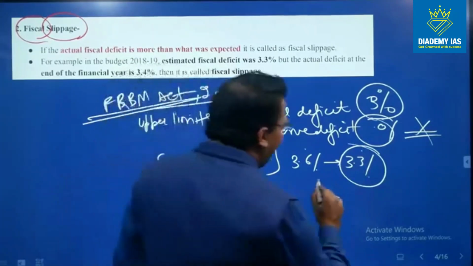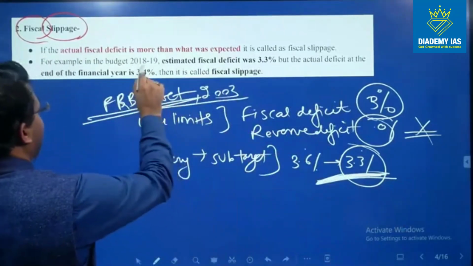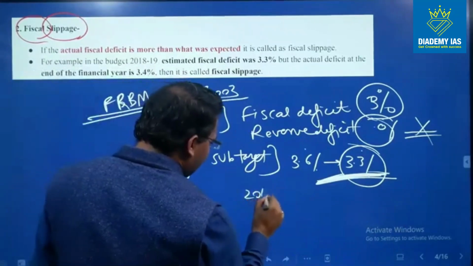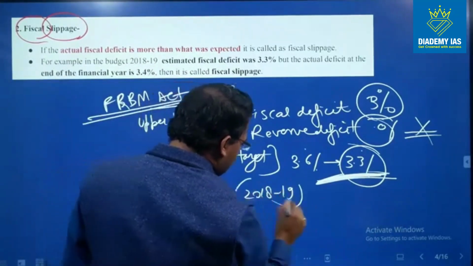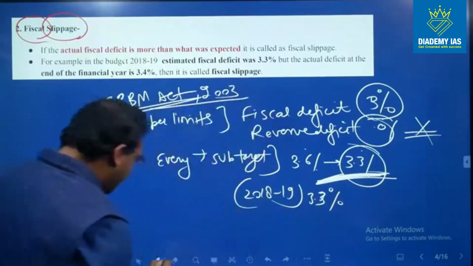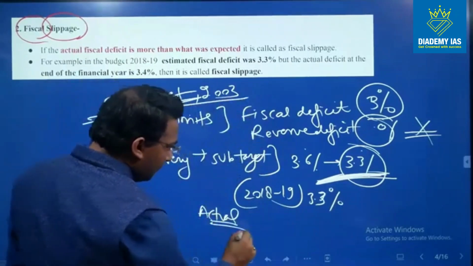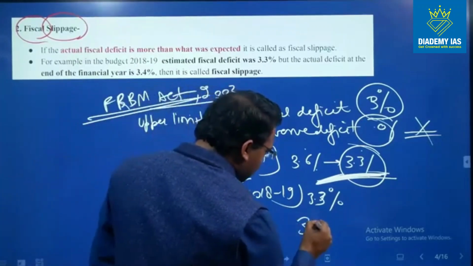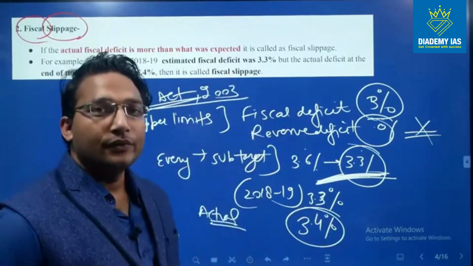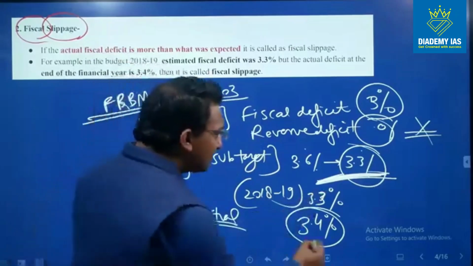Right, so this is the target of a particular year. Suppose this actually happened in 2018-19. For the year 2018-19, the target was 3.3%. But when the actual figures came, this fiscal deficit was more than the budgeted deficit. That means there was slippage.